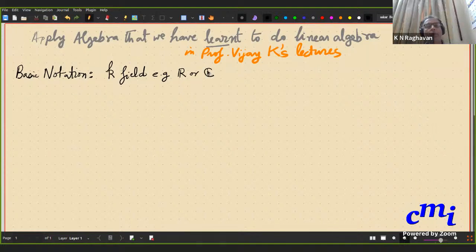You can take it even to be Q or some other field or finite field, whatever you like for the moment. It becomes important what that field is at some point. So we will take note of that as and when we require, as and when that is needed.